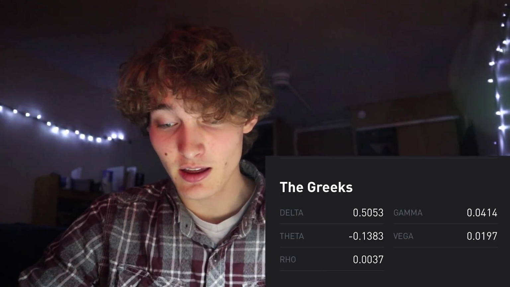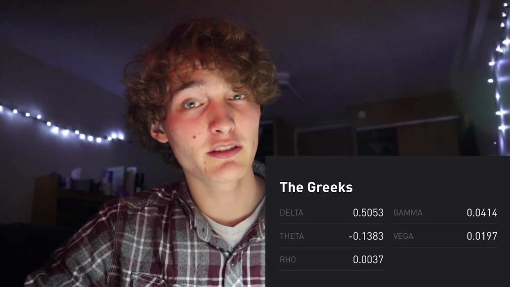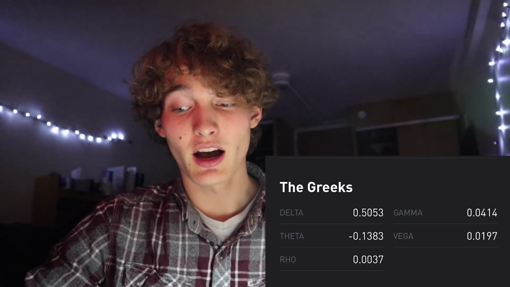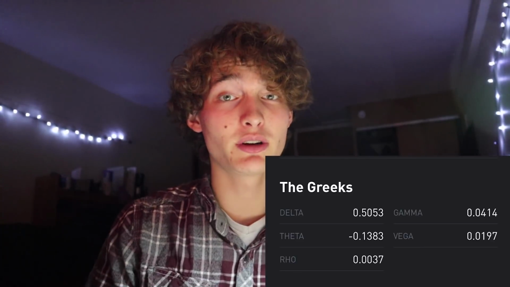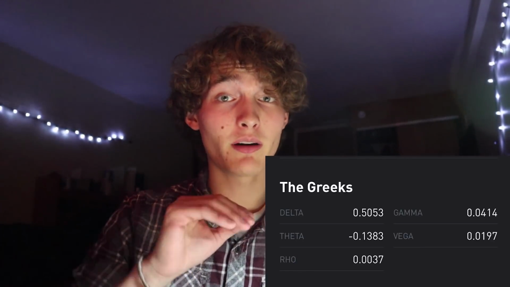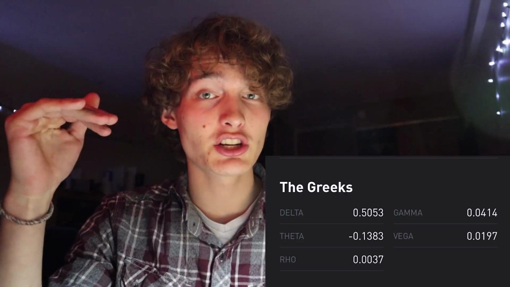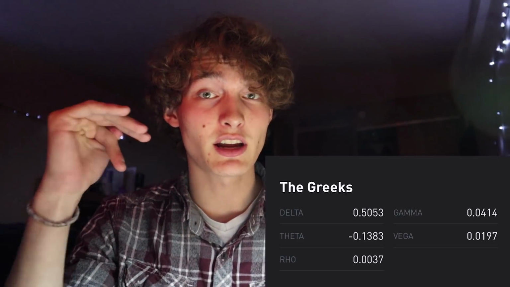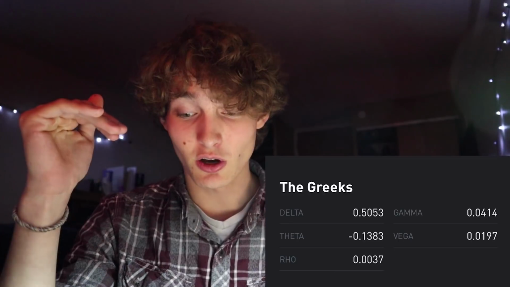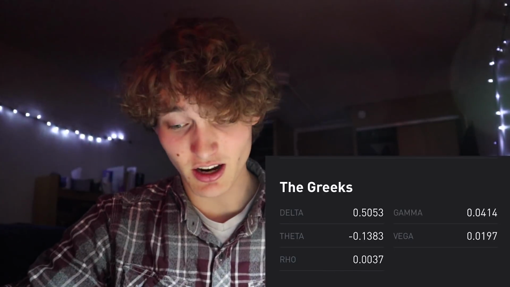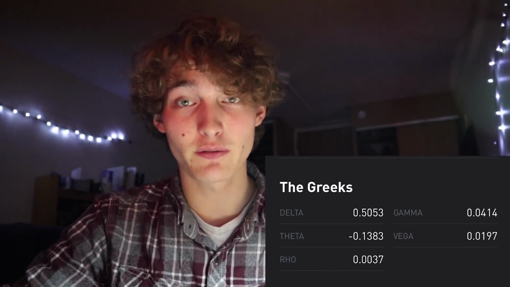Delta, theta, and vega are kind of the three bigger ones. Delta tells you how much you would expect the premium of the option to go up or down given a dollar change in the stock's share price. So for this option here, the delta is 0.5053.